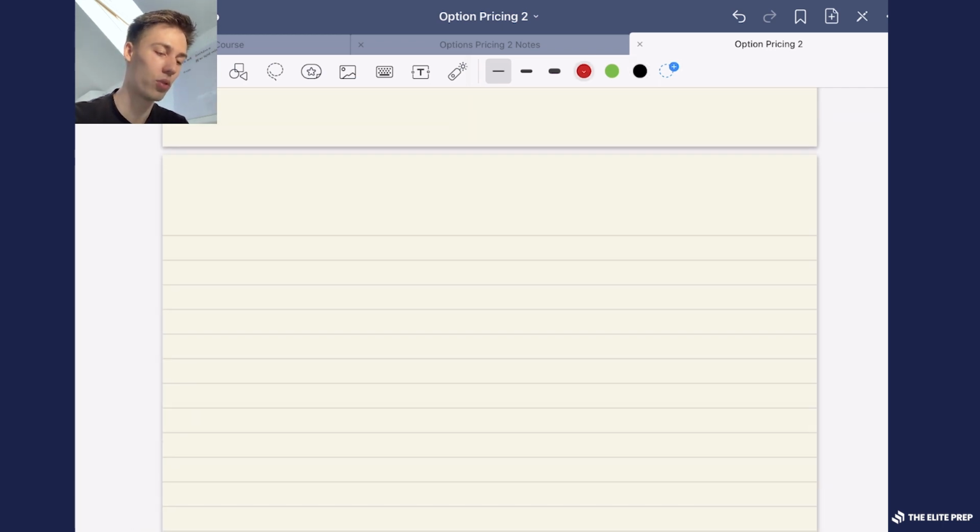That other measure is called the risk-neutral measure. The risk-neutral measure is a measure which is equivalent to the market measure, i.e. any event which is possible in the market measure is also possible in the risk-neutral measure, and vice versa.